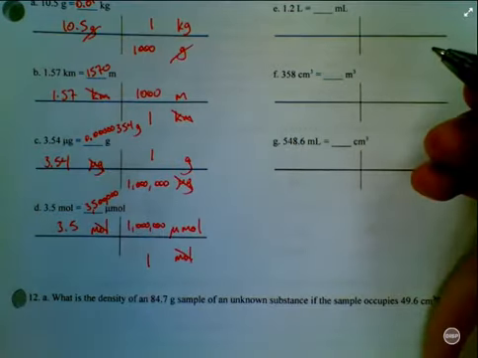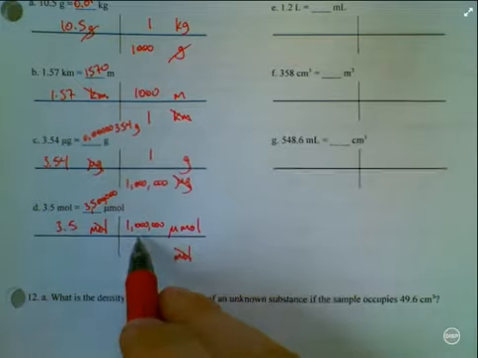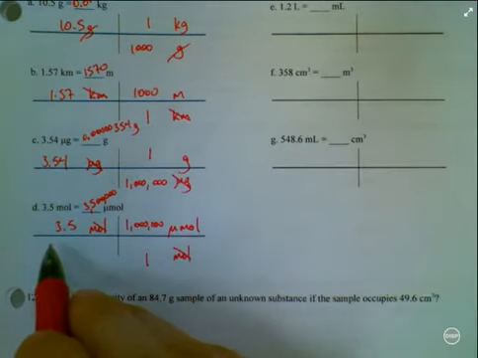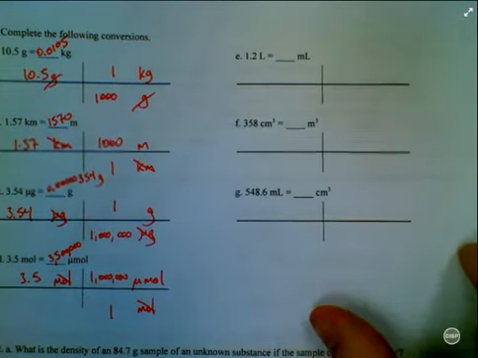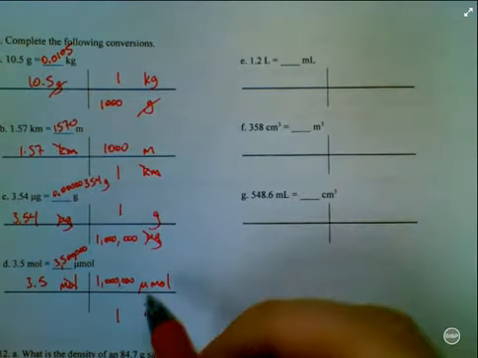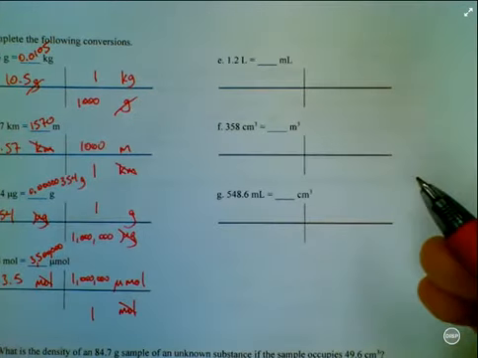So 3,500,000, which makes sense because 1 mole is 1 million micromoles. There's 3.5 moles, right? You can almost do that in your head. But we're not practicing this to be able to do stuff in our head. We're practicing to be able to use these crosshairs and the conversion factors in this way.